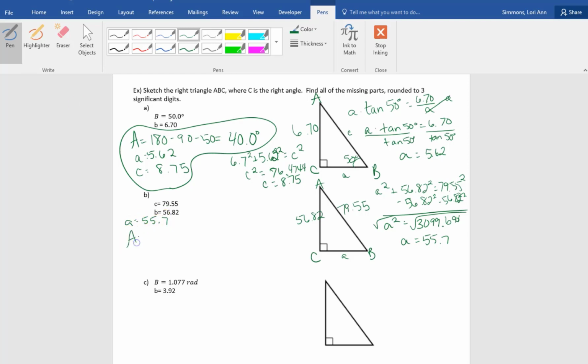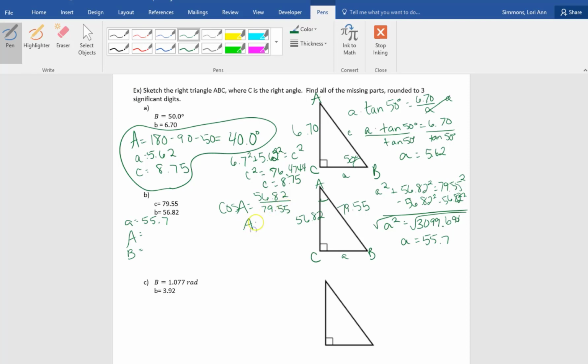We need angle A and we need angle B as well. So let's find angle A. Let's use the numbers that we were given, so there's no rounding issues. So cosine of A, your adjacent, is 56.82 over 79.55.